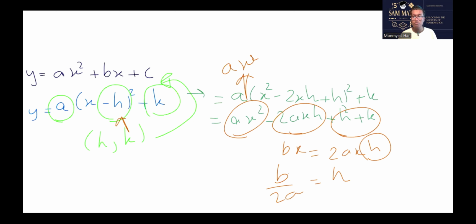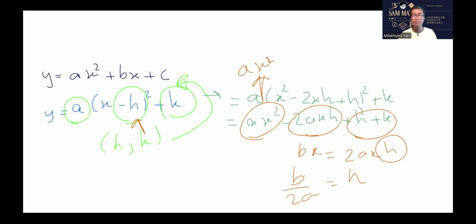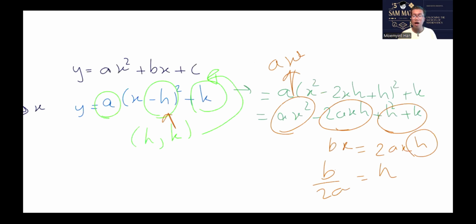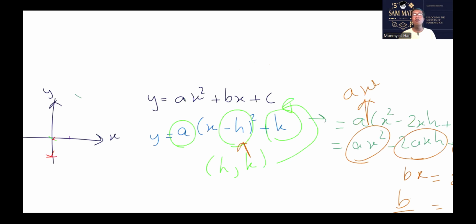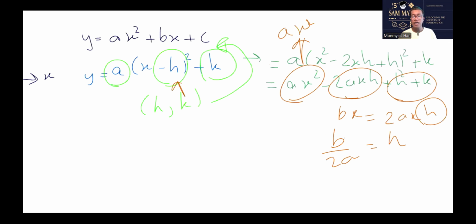So h will become minus b over 2a. So to find the x-point of the vertex, if we have encountered the standard form, we are going to use this formula of h equals minus b over 2a.